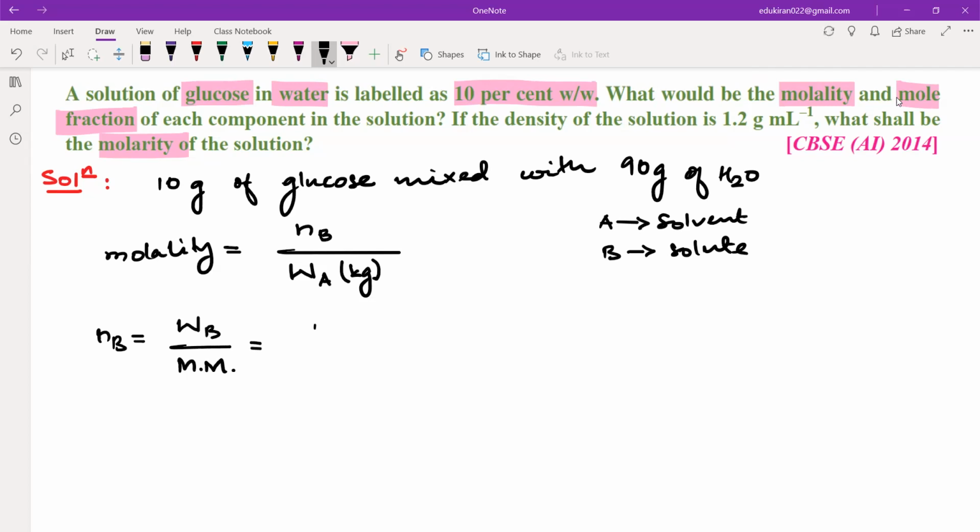So what is the given mass? The given mass is 10 grams.